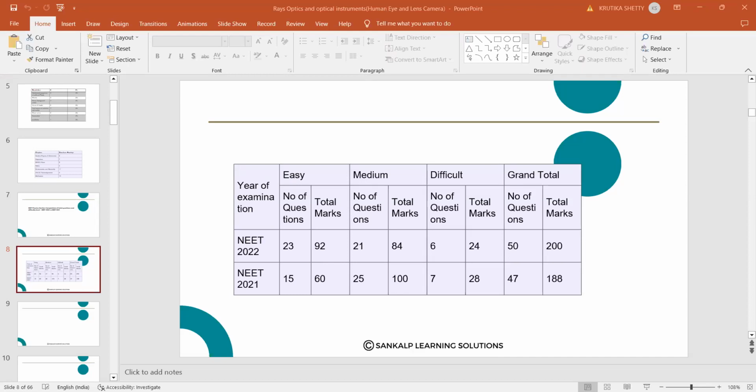It is 8.854 into 10 to the power of minus 12. So students, you need to remember these two values. The value of the constant 1 upon 4 pi epsilon naught is 9 into 10 raised to 9, and you need to remember the permittivity of the free space value 8.854 into 10 to the power of minus 12. Okay.